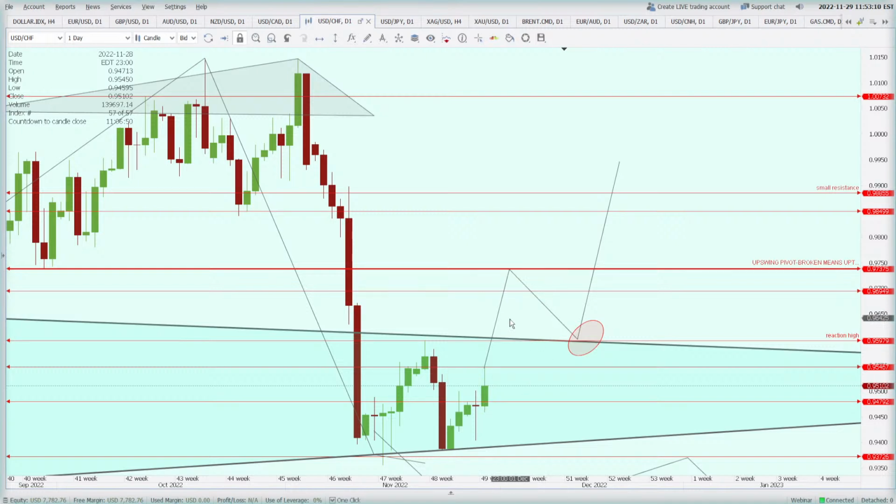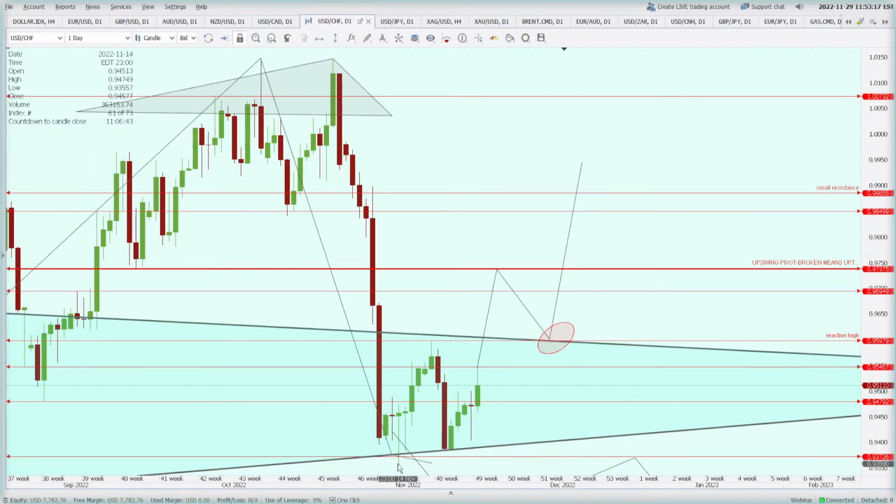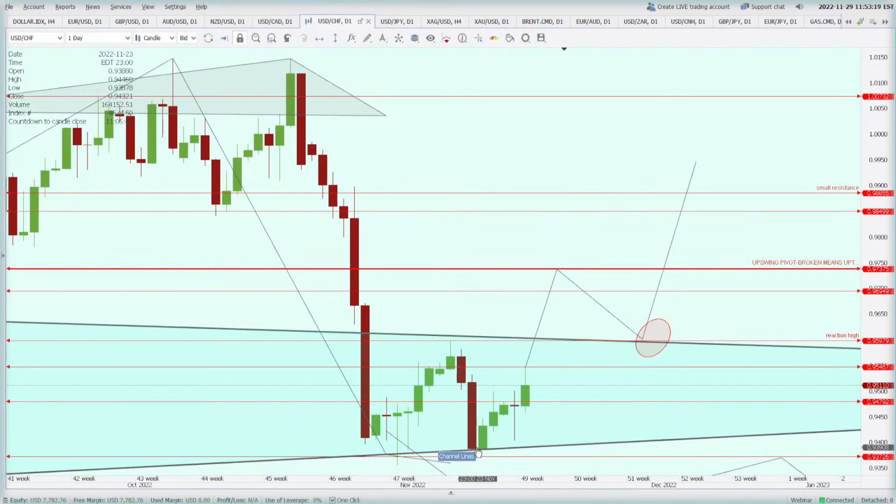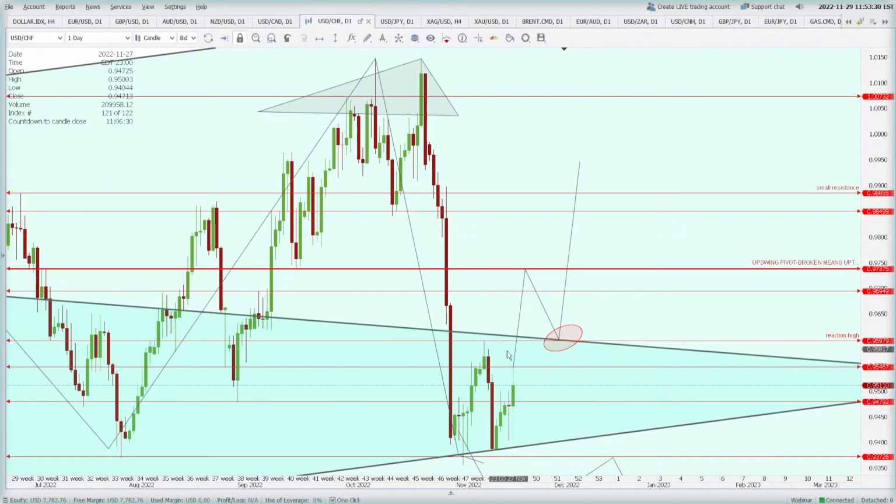But yes, the US dollar is strong as of now against the Swiss franc, and you see this recent low that the price has made was not even lower than this one. Now when something like this happens and then the double bottom breaks, then it is even more explosive in nature to go up. So if this breaks, I think the price can go back to 0.9737 and thereafter 0.9849 also in the coming time.